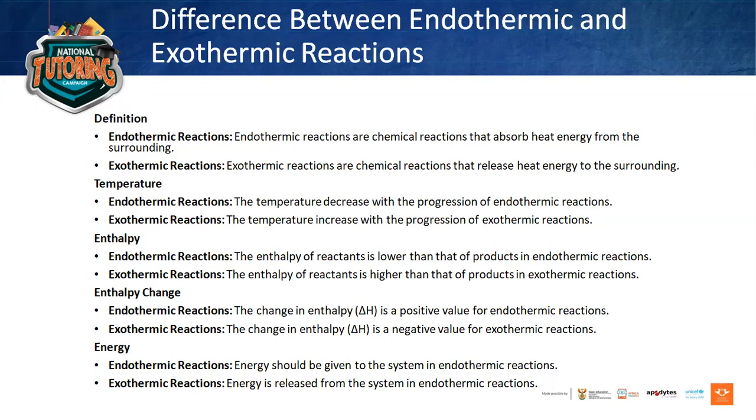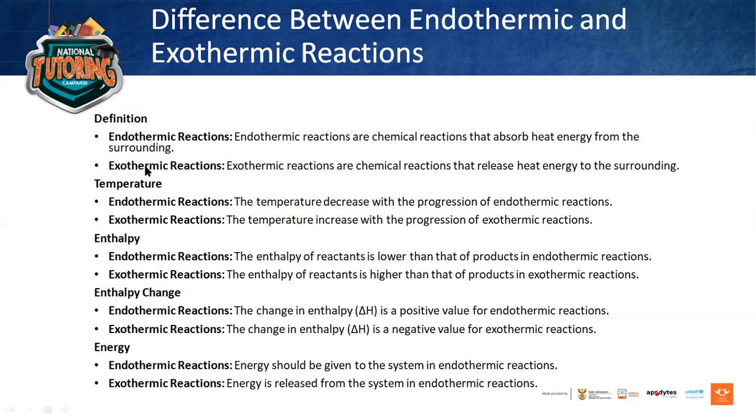So what's the difference between the endothermic and the exothermic reactions? We have mentioned most of it, but I think there's something we also need to take note of from what we've explained. On the definition side, the endothermic reaction takes in heat, absorbs heat, and the exothermic reaction releases heat to the surroundings.